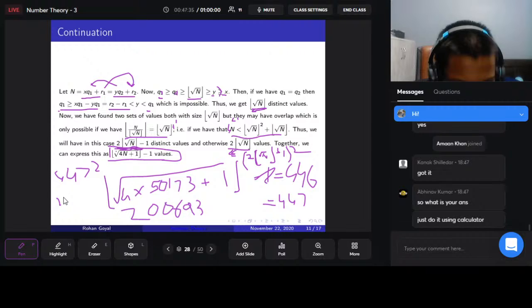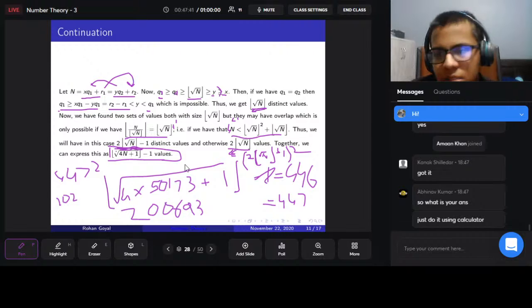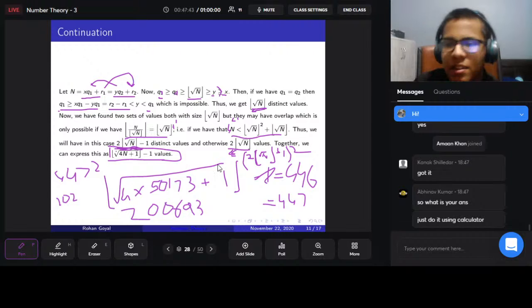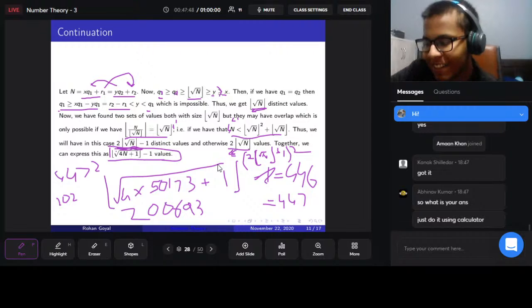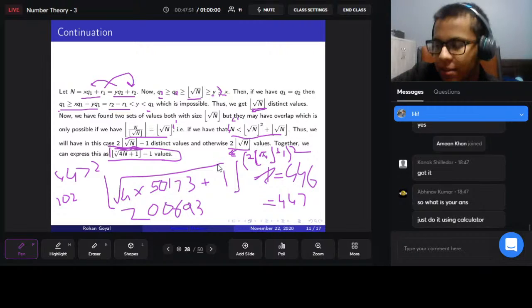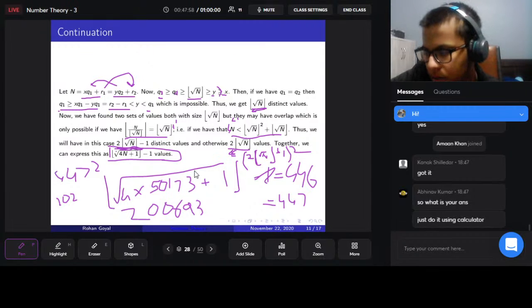Yeah, this seems correct. Okay, I have calculated in ZIO. Awesome. I forgot that. I can't show you my calculator, but I'll just check once. Root of 200. The answer is 446. Okay, awesome.